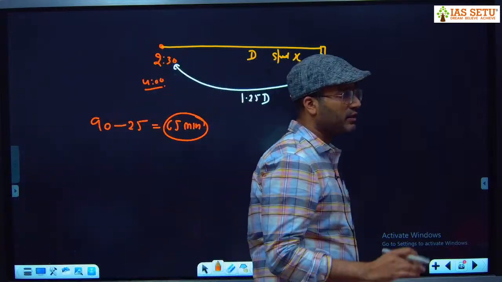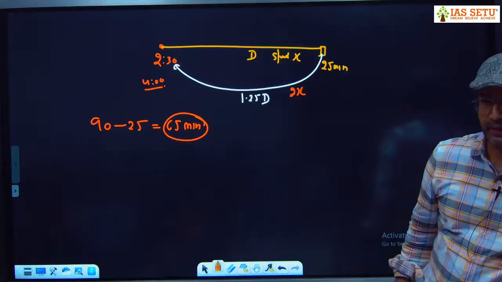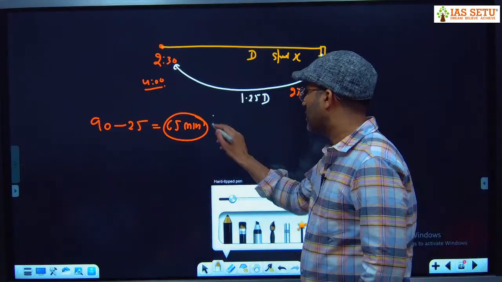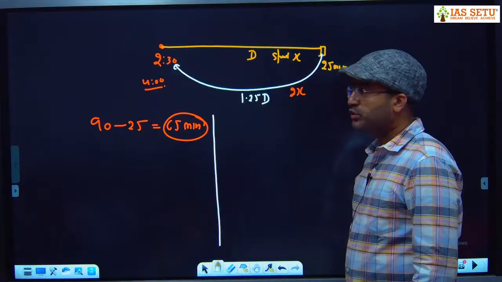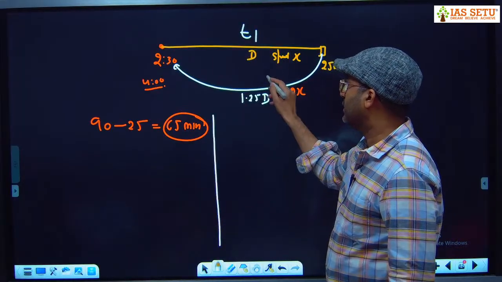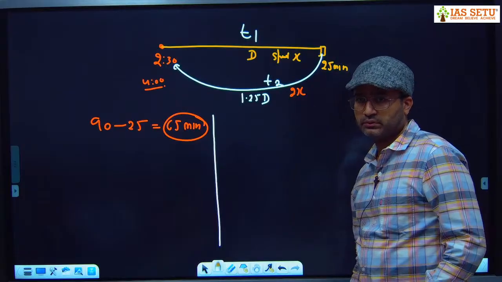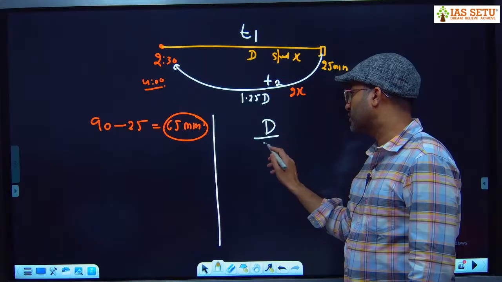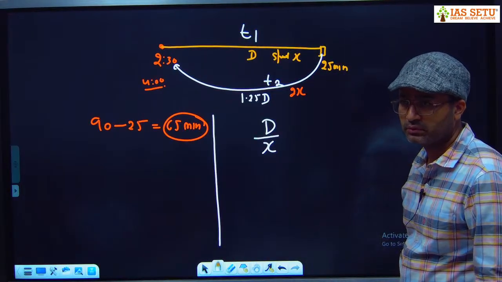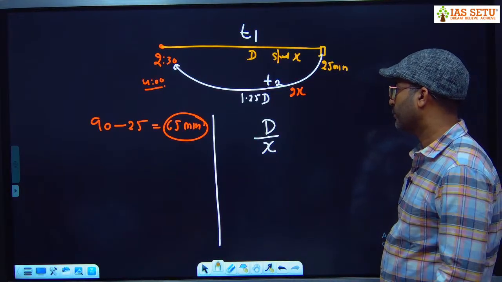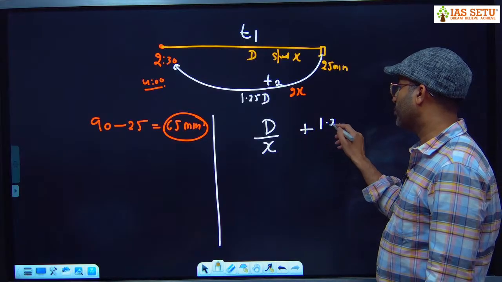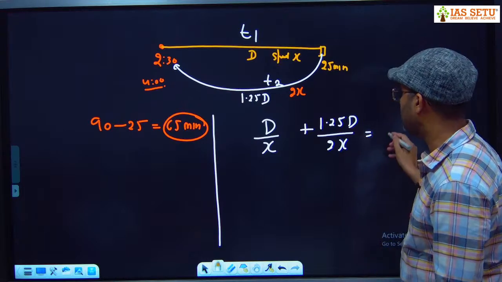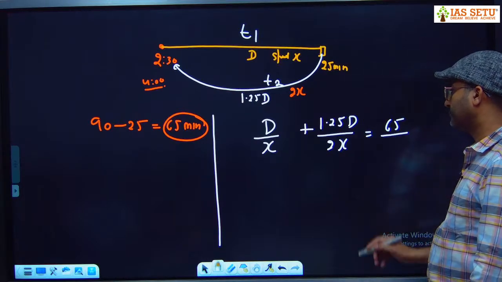He got only 65 minutes to travel. So he takes time t1 here, t2 here. He covers a distance d with a speed of x, and a distance 1.25d with a speed of 2x. He takes a total time of 65 minutes.